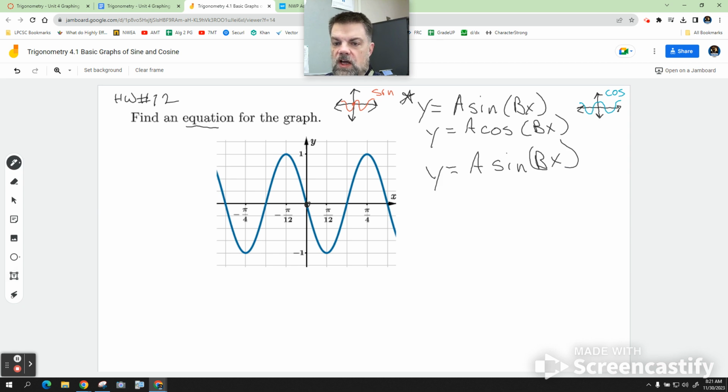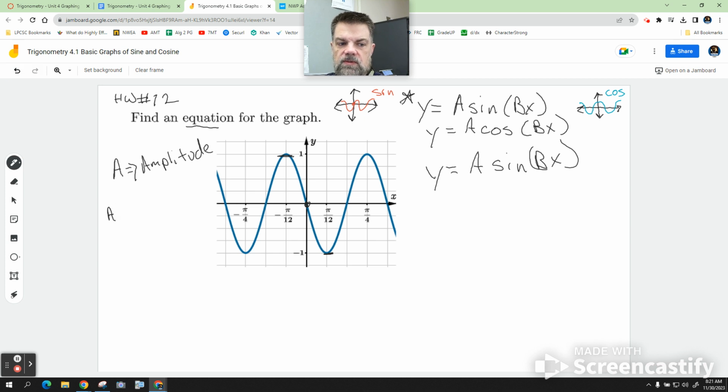All right. Well, A is the amplitude. So that means I've got to look at the maximum value and the minimum value. So it goes from 1 to -1. But it's flipped. Let me back up, I wrote that wrong.